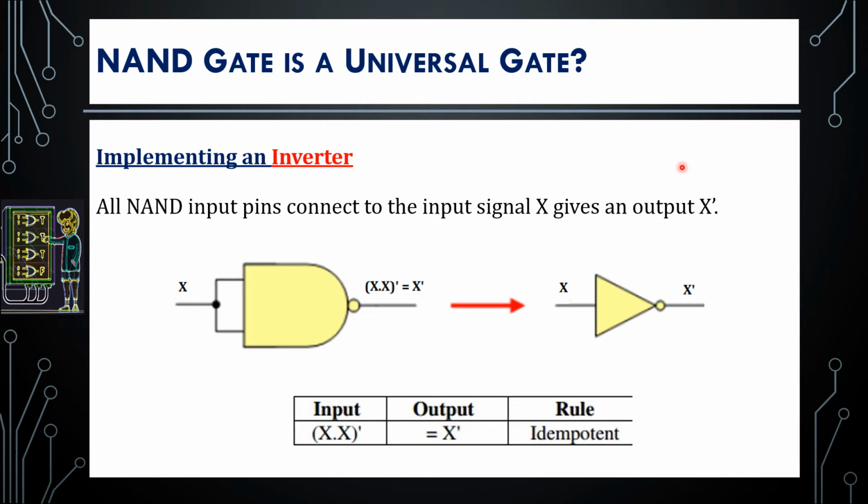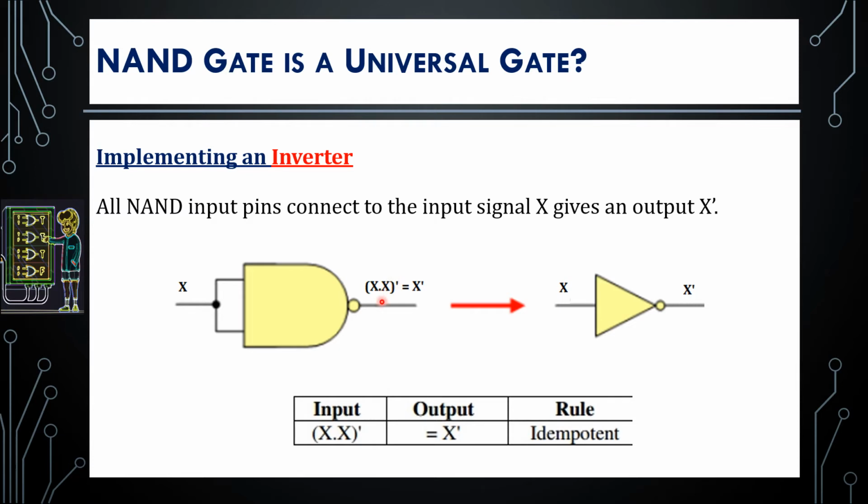Now let's look into how to implement an inverter using a NAND gate. As you know, for an inverter, if we give X as its input, then we should get X complement as its output. So let's take a NAND gate and connect X to both of its inputs. We'll get the output as X into X, the whole complement.